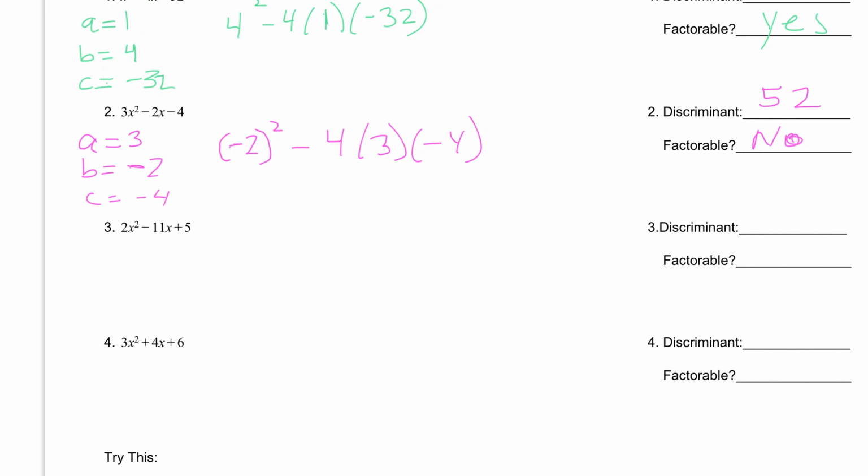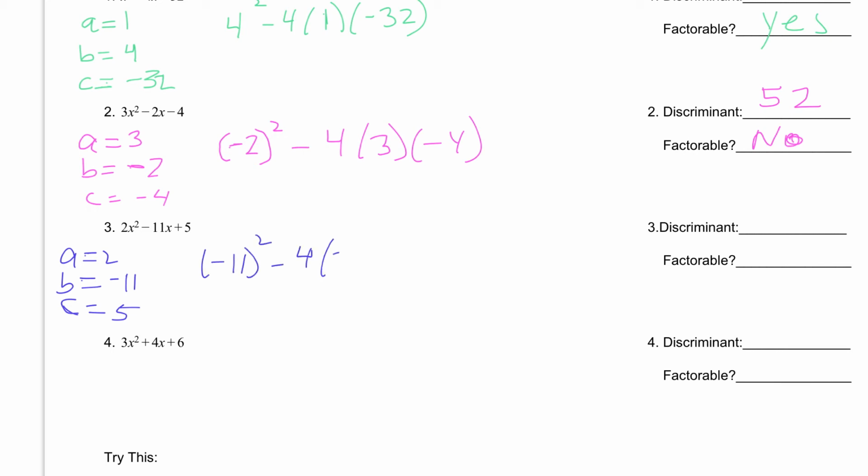Number 3, we have 2x squared minus 11x plus 5. So here a is 2, b is negative 11, and c is 5. Remembering that negative 11 must be in parentheses before you square it.